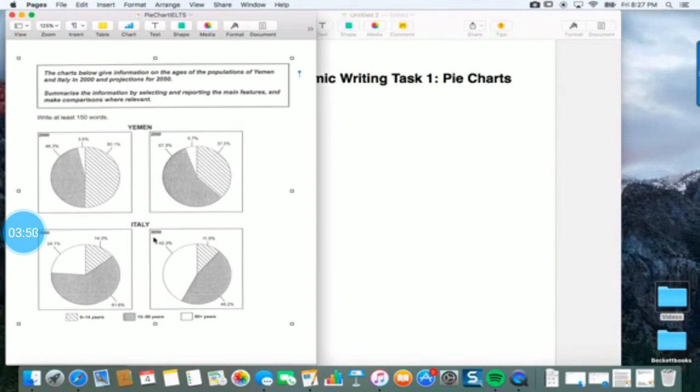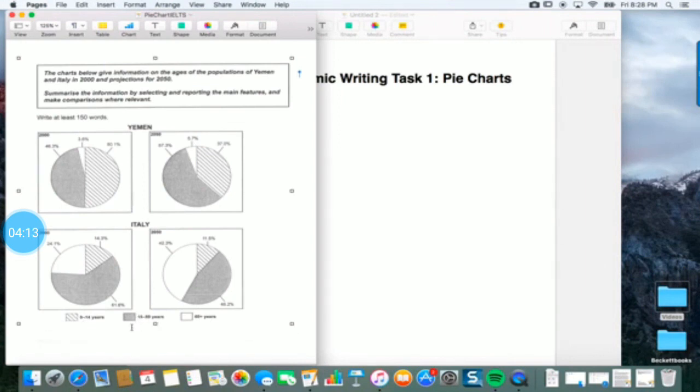Now, one thing you've probably noticed, well, hopefully you noticed, is that both countries get older. When you look at Yemen in 2000, you can see that it's mostly a young country. Over 50% of the people are 0 to 14 years old. So it's pretty young.